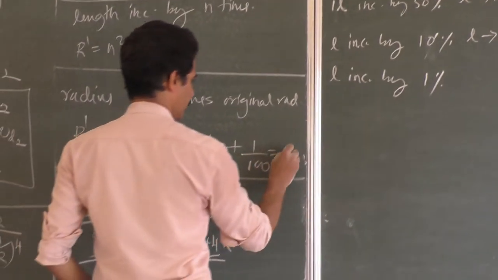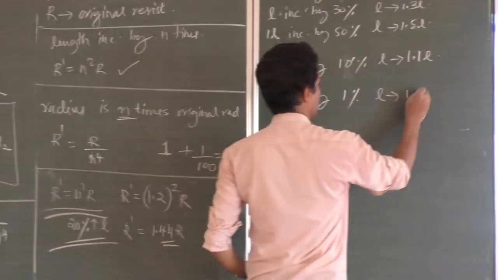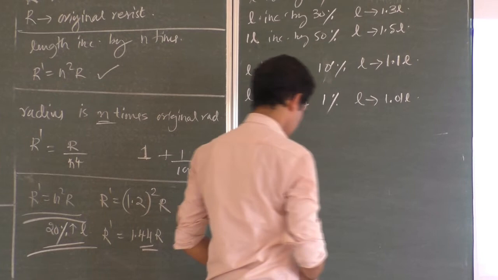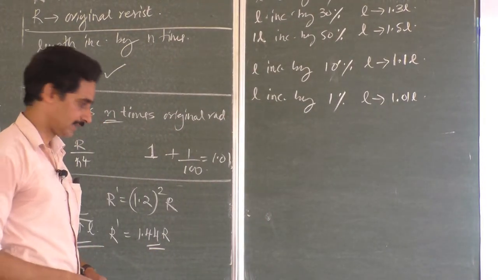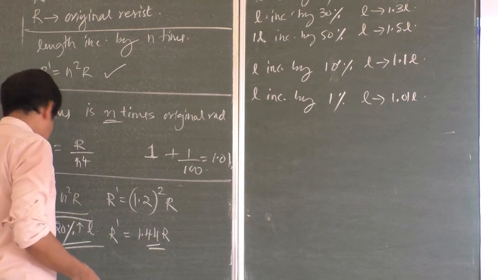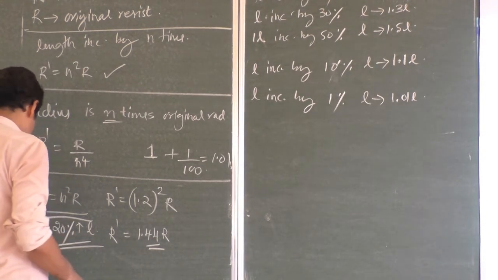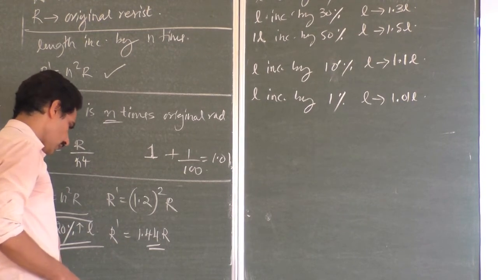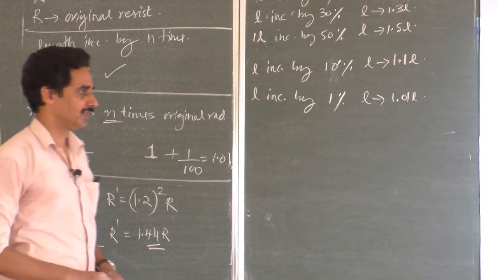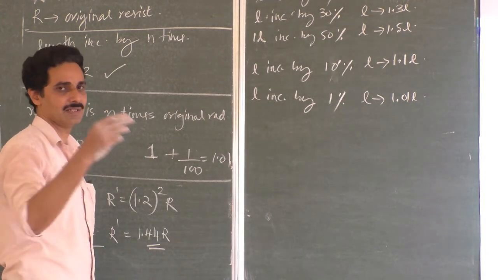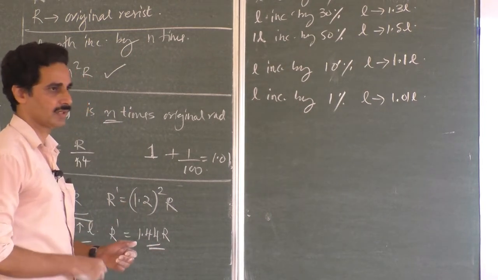That is 1.01. Am I right? L becomes 1.01 L. So if the length of the wire increases by 1% after stretching, what is the increase in the resistance in percentage? That is the question now. Of course, these problems give you a lot of ideas. And if you get a similar type of equation in some other chapter, of course, the method is the same. Same procedure, same mathematics, only the concept is different.